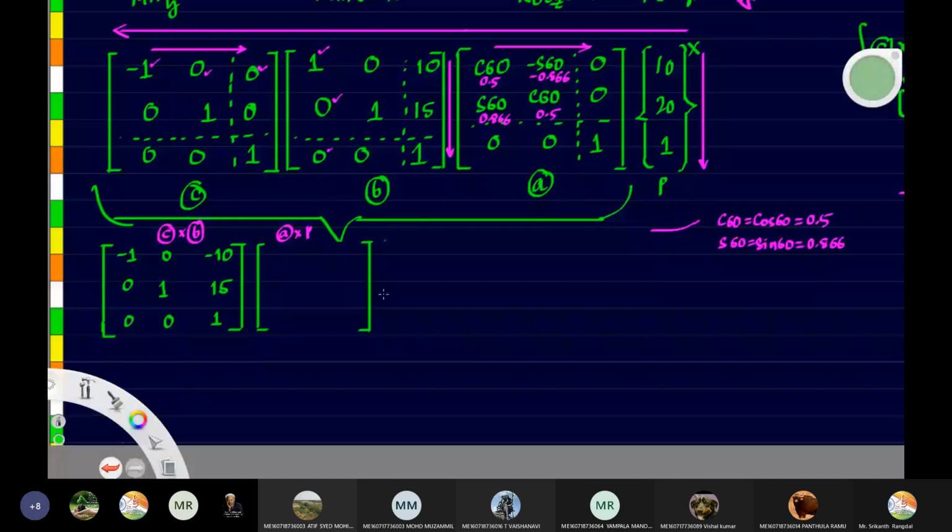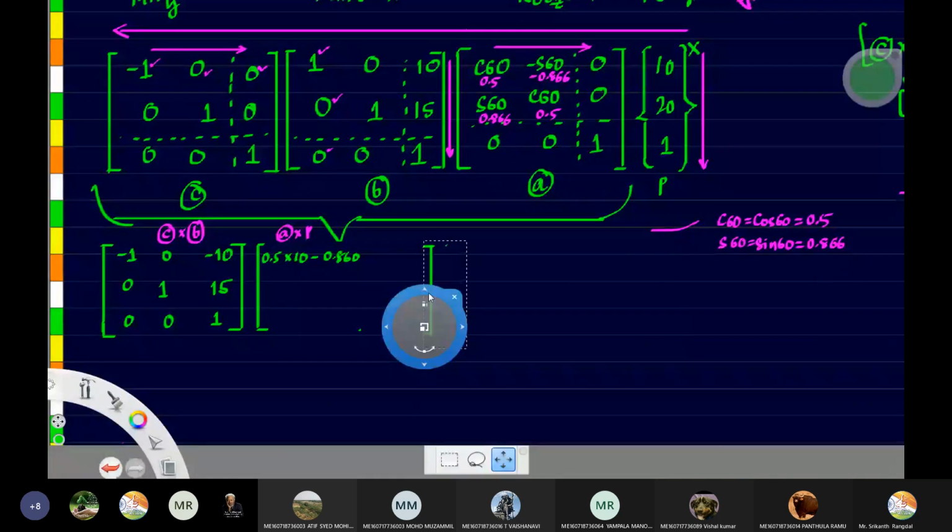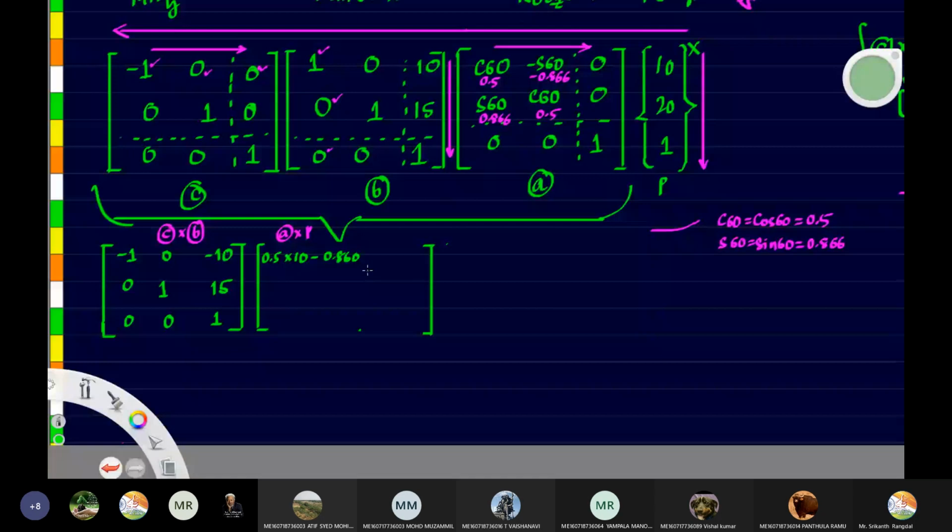Fine. So now 0.5 into 10, and then minus 0.866 into 20.